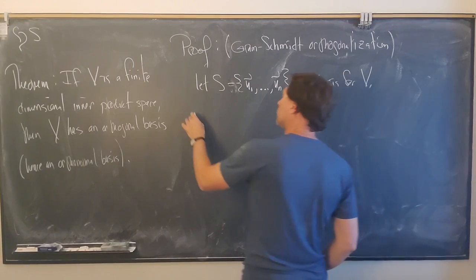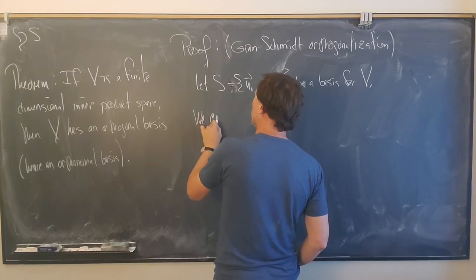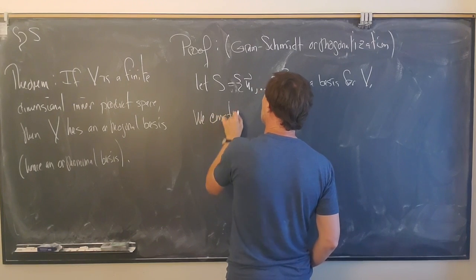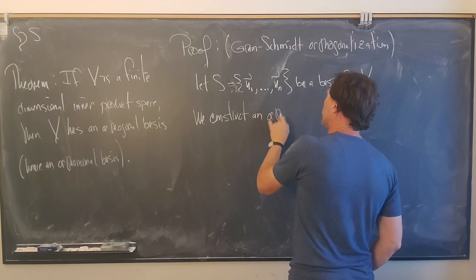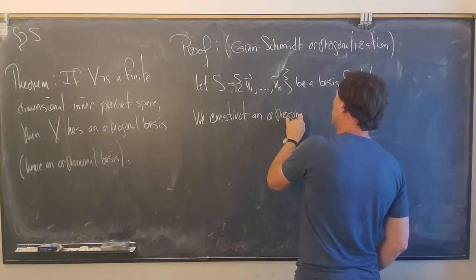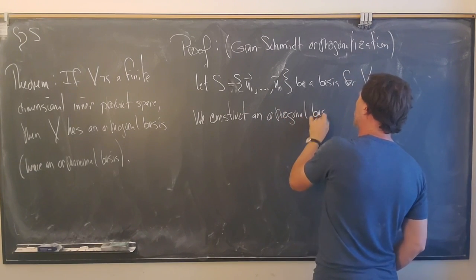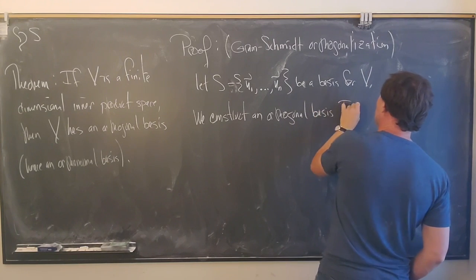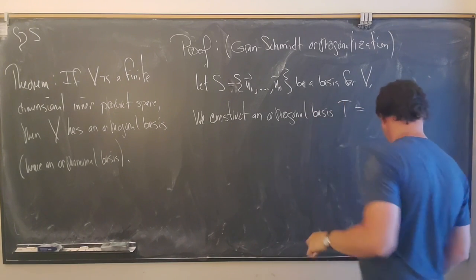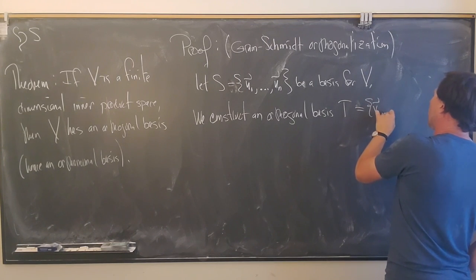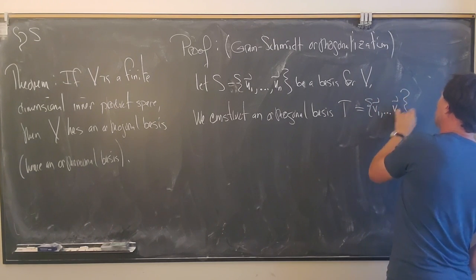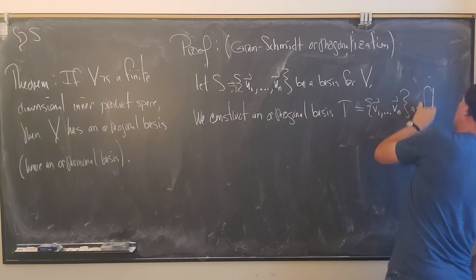So we construct an orthogonal basis, which we will call capital T, and it will consist of the vectors v1 up through v sub n as follows.